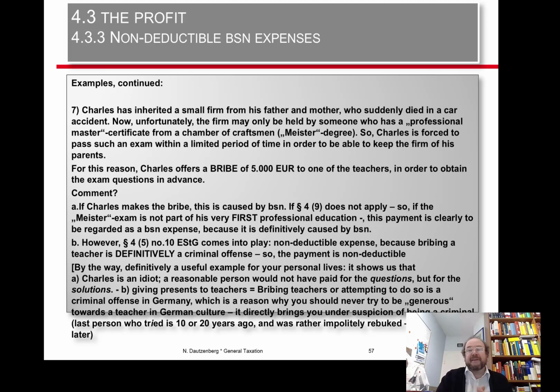The owner, or at least the leader of the firm, must be somebody who has a professional master certificate from the Chamber of Craftsmen. In Germany, that's called a Meister degree. So Charles is now only allowed to keep the firm for a restricted period of time and has to pass such a Meister exam within a limited period of time.